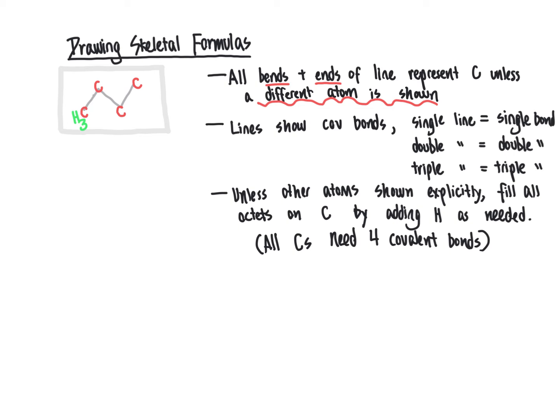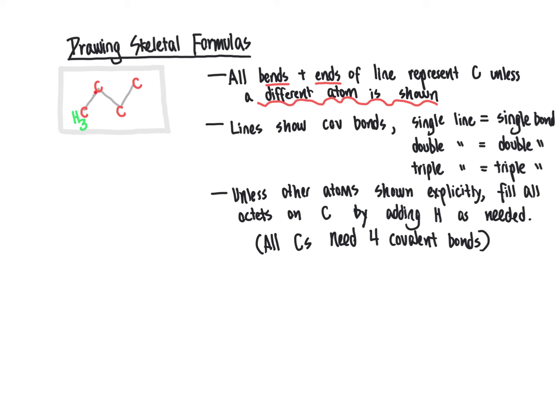So that's what we're saying here, is that unless we see other atoms shown explicitly as lines going to the next atom in the chain, or oxygens or other heteroatoms filled in, we fill the octet on every single carbon atom that we see by adding H's as needed. So that's why we filled in 3 H's there to equal the grand total of 4 covalent bonds needed by that carbon.